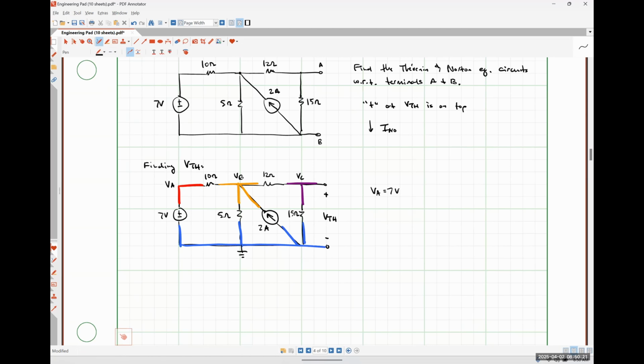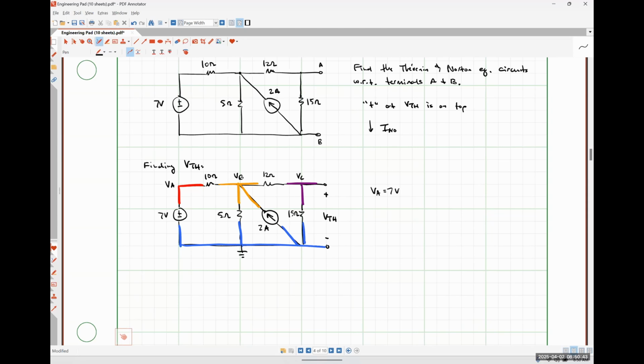And now we would just need to apply KCL at node B and node C. So somebody tell me what my KCL at node B equation is going to look like. What was that?